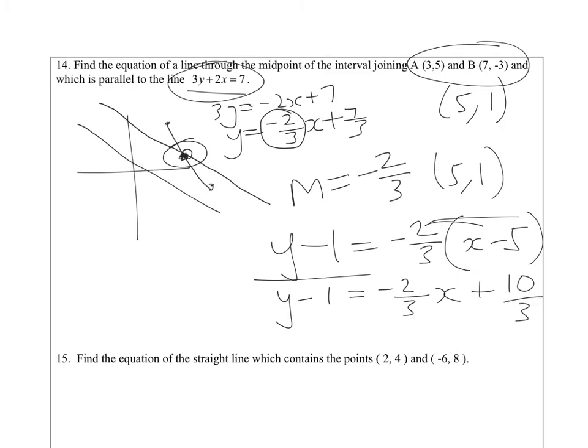How do you get rid of minus 1? We're going to plus 1, and we get y equals negative 2 on 3x plus 1, which is 3 on 3, so you get 13 on 3. Otherwise use your calculator.